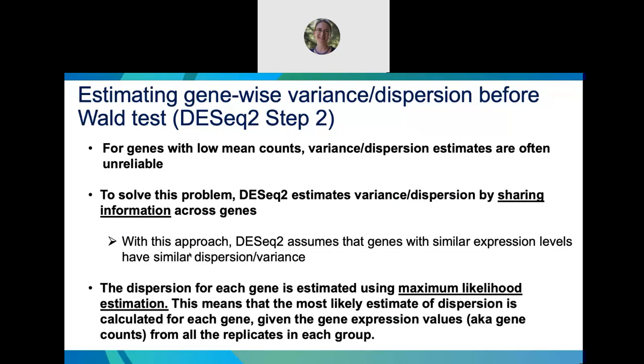So just in regular terms, this means that the most likely estimate of dispersion is calculated for each gene, given the gene expression values from all the replicates in each group. So its maximum likelihood estimation is pretty intuitively named. We are just saying, what is the most likely variance or dispersion for this gene, given all the other genes and all the other replicates in this group?